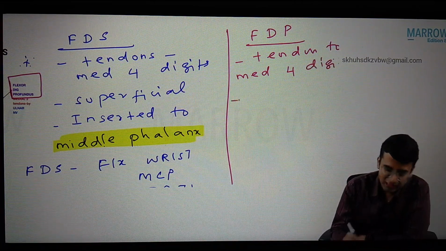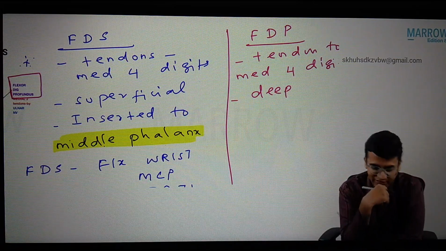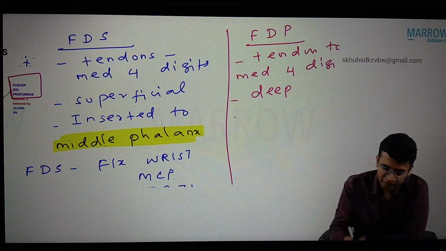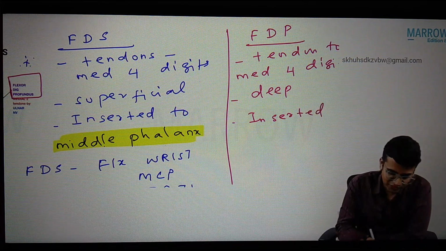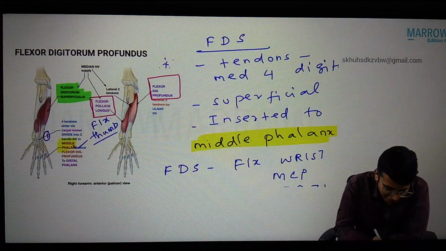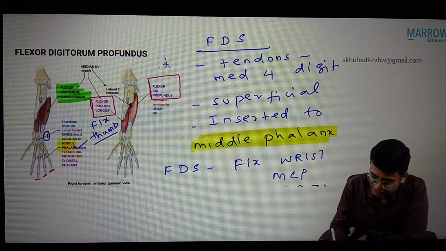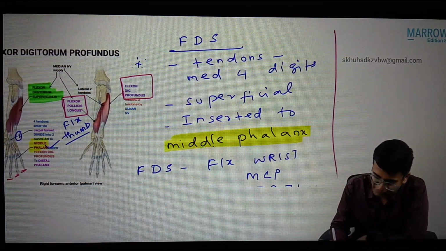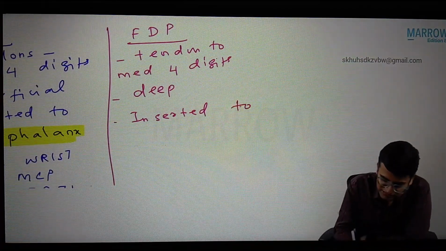But this muscle is present deep to the superficial muscle, in the deep layer. Insertion: it comes all the way down to the distal phalanx. FDP is attached to the distal phalanx.